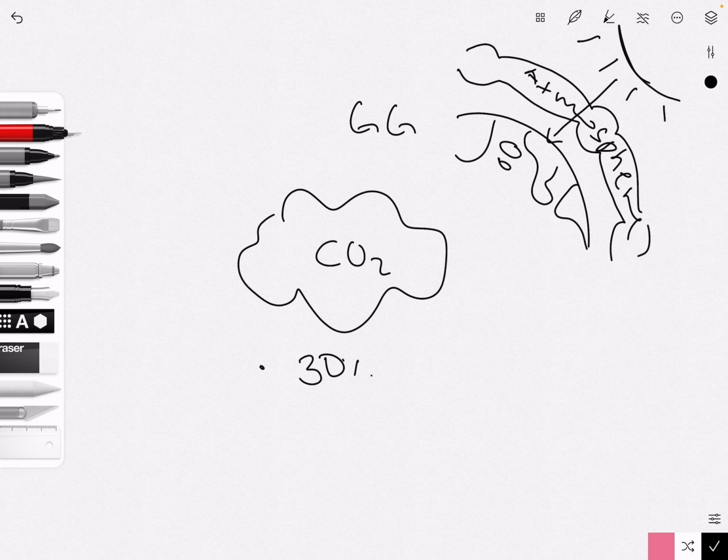But what happens when you have an excessive amount of these greenhouse gases, such as carbon dioxide, is that they will absorb the low energy radiation. So, we've got the high energy, then the low energy. And the low energy radiation will be absorbed by the atmosphere, not allowed to reflect back into the universe, which leads to an excessive increase in temperature.